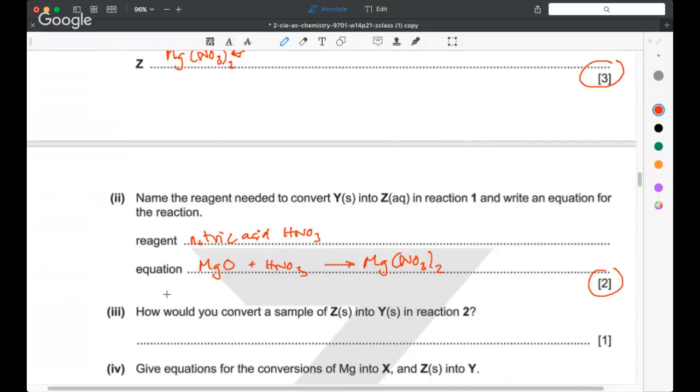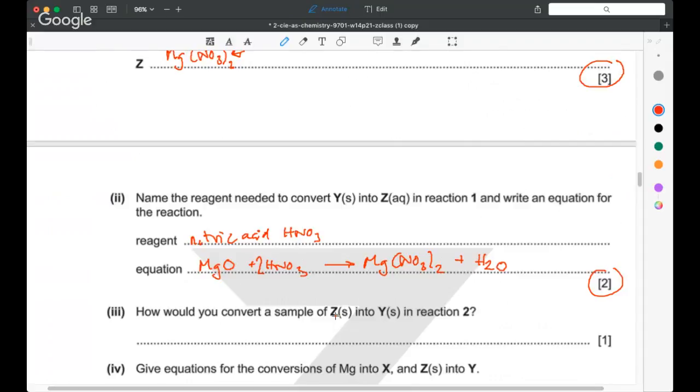And you should have learned at GCSE that when an oxide reacts with an acid, it makes a salt and water. That's a standard acid reaction with a basic oxide. So we've got water to go there. And you've just got to balance that equation. Well, you're just going to have 2 moles of nitric acid. And that gives you your balanced equation.